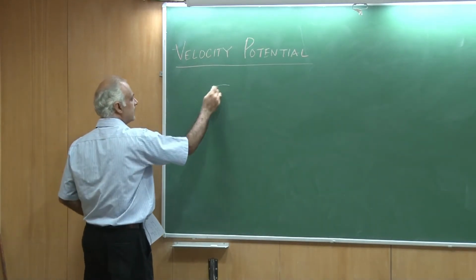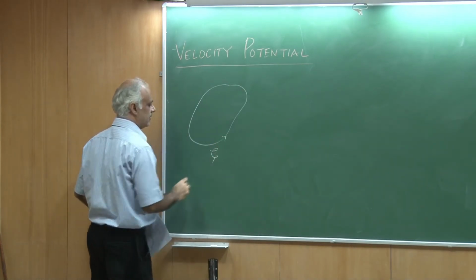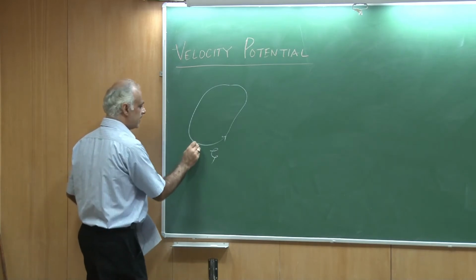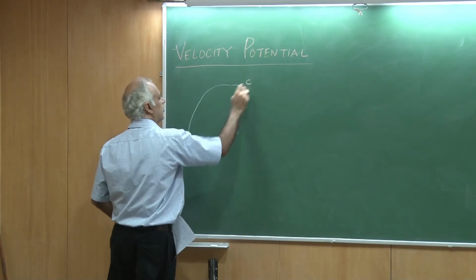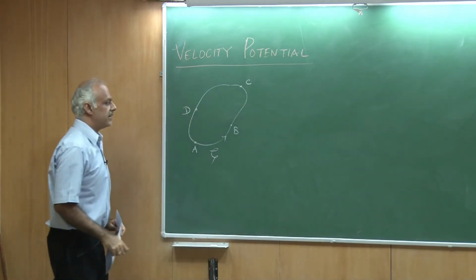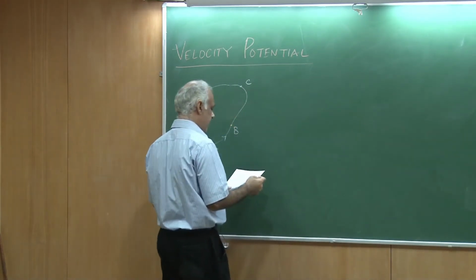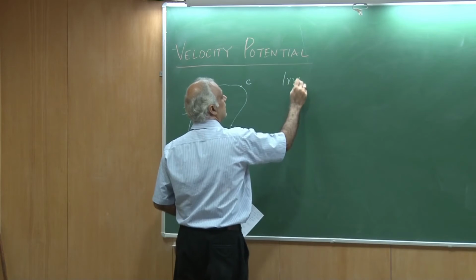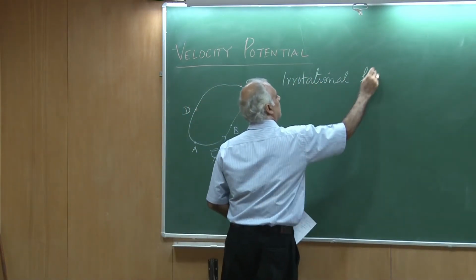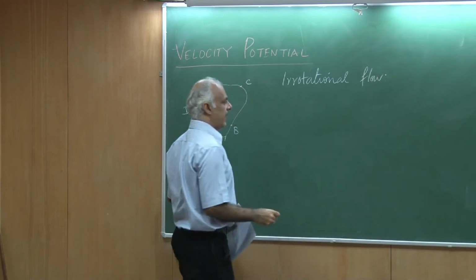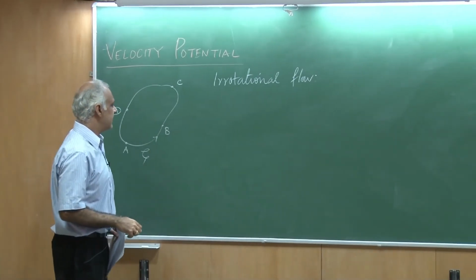So, let us consider a curve. This is the curve C, and let us say there are these points on it A, B, C and D. Now, I have an irrotational flow and therefore, I can say the circulation calculated on this curve C is 0.